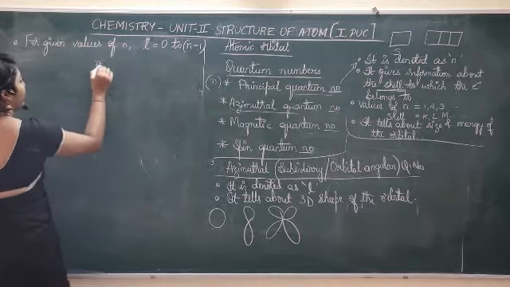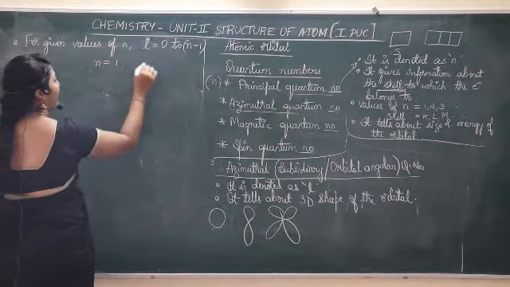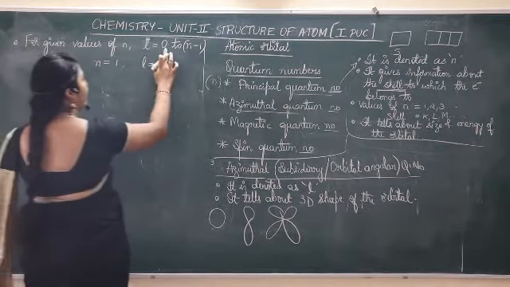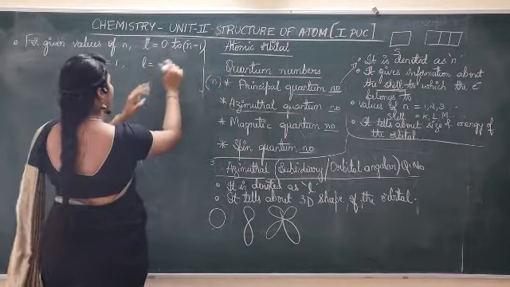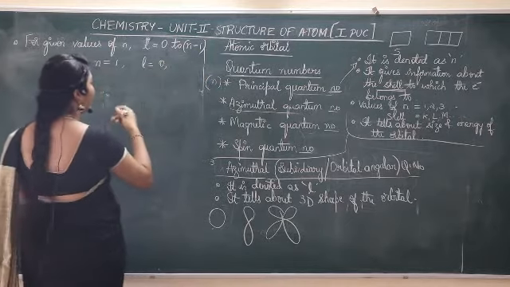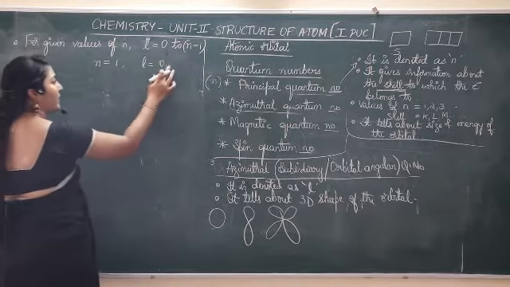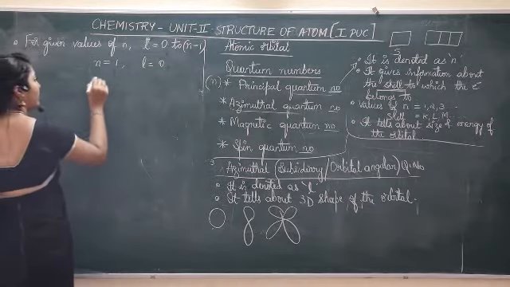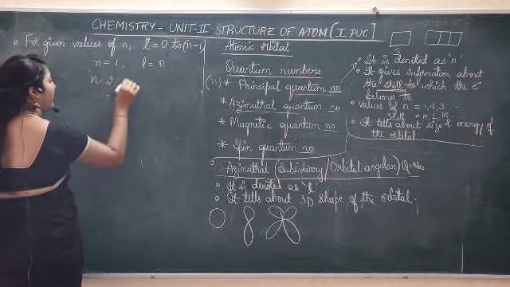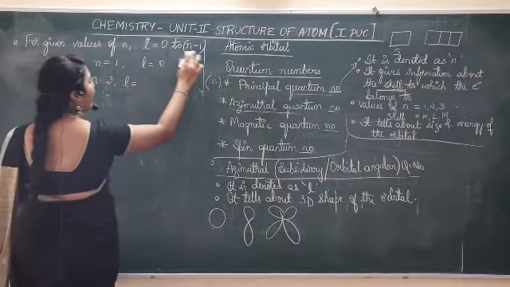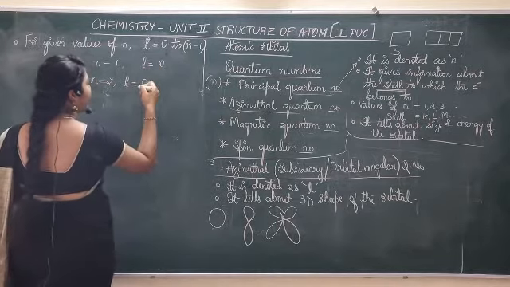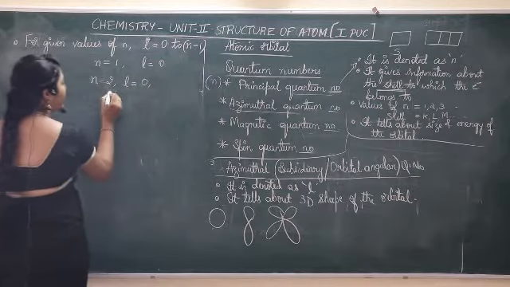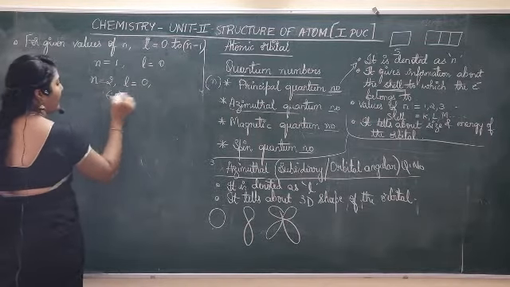See, if n is equal to 1, then what will be L value? L value is 0 to n minus 1. So 1 value is 0. What will be the other value? 1 minus 1, 0. So 0. If n is equal to 2, then L value will be 0 to n minus 1, that means 2 minus 1, 1.